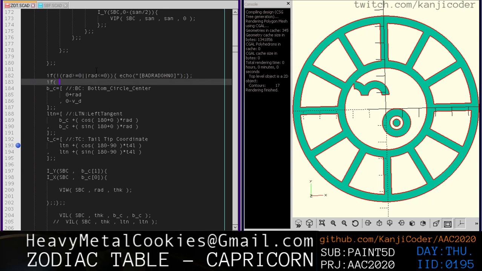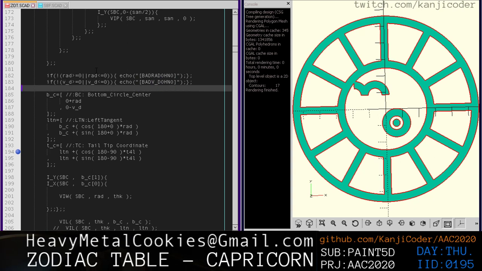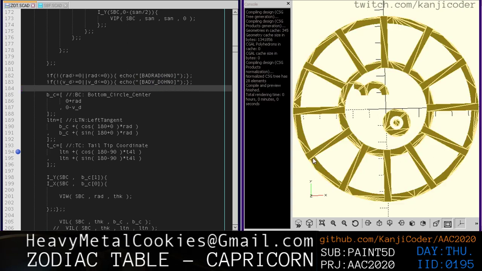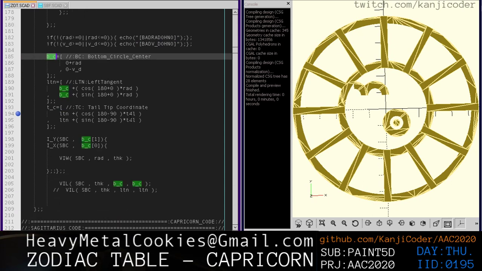Okay, if not VD, or VD less than or equal to 0, echo bad VD, oh no. Okay, let's put that in there, F4. And we don't see anything that's telling us we have a problem, right? So this is BC. And is it possible that we are creating these outside of the scope? No, that looks okay.